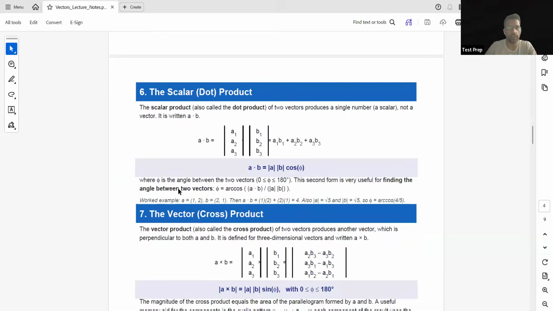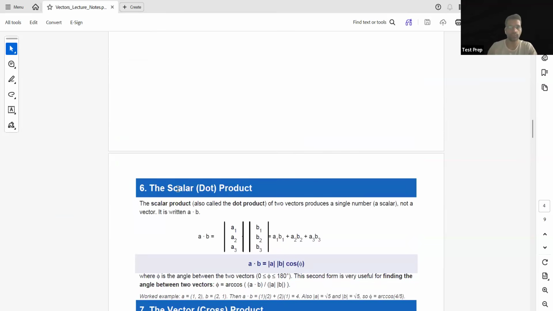Now, the scalar product, we can say the dot product. Dot product is simple. Scalar product, also called the dot product of two vectors, gives a single number, a scalar, not a vector. It is written a into b.